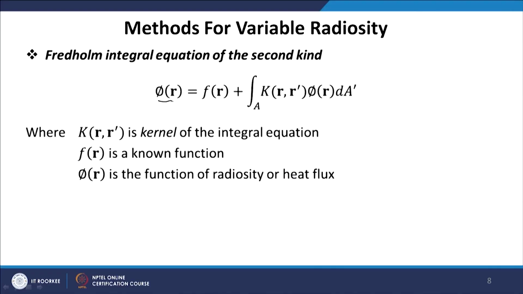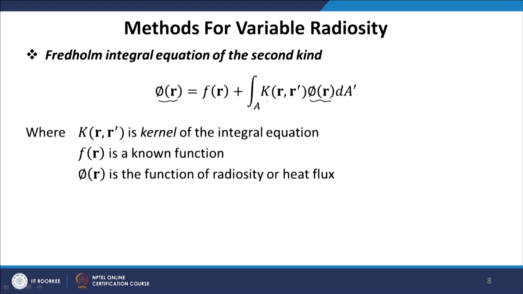This type of equation, where we have a variable, let us say the unknown function phi, it can be radiosity, it can be heat flux, appearing in the integral on the right hand side also, is called an integral equation, and this particular equation is called a Fredholm integral equation of the second kind.